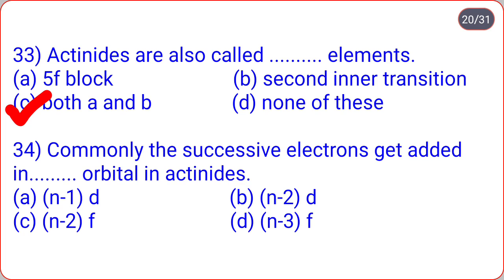Next, commonly the successive electrons get added in dash orbital in actinides. Correct option C, (n-2)f orbital. The successive electrons get added in (n-2)f orbital in actinides.